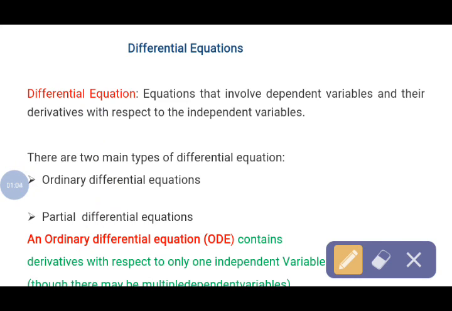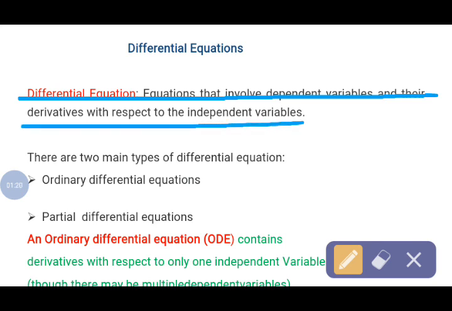As an introduction, what is a differential equation? A differential equation is an equation that involves dependent variables and their derivatives with respect to the independent variables.